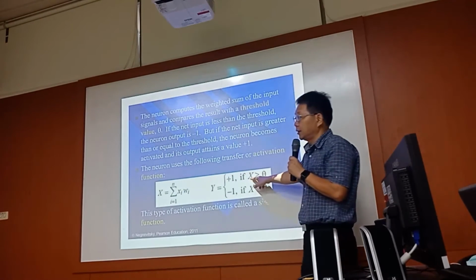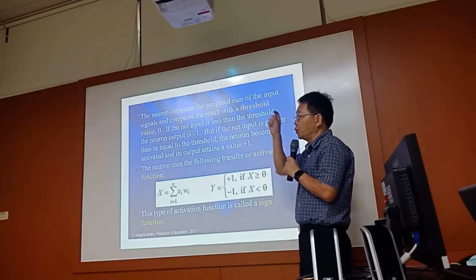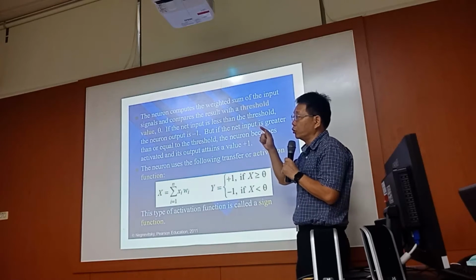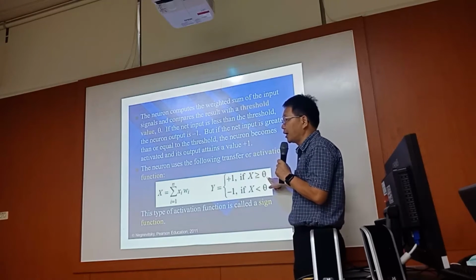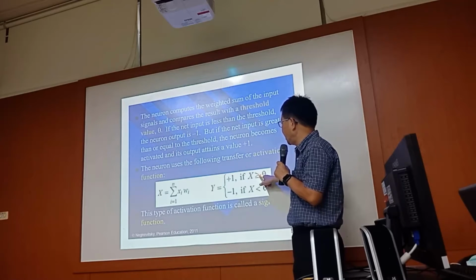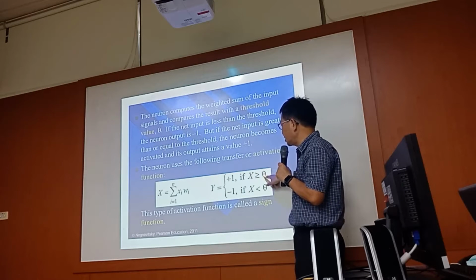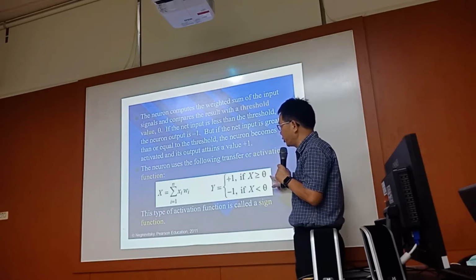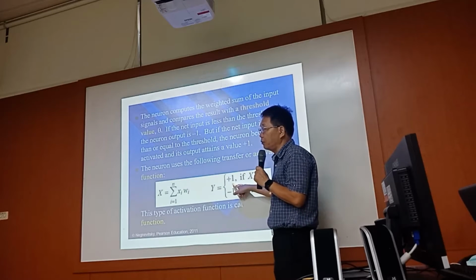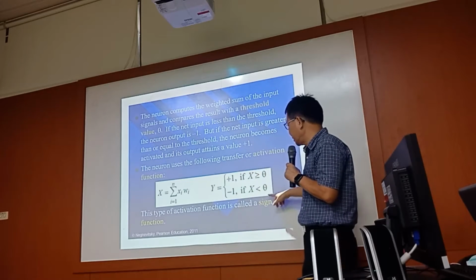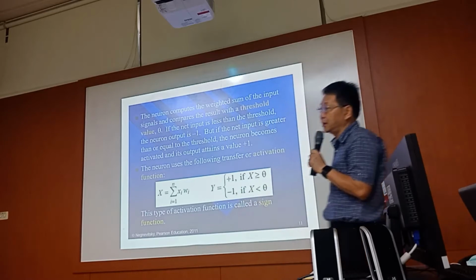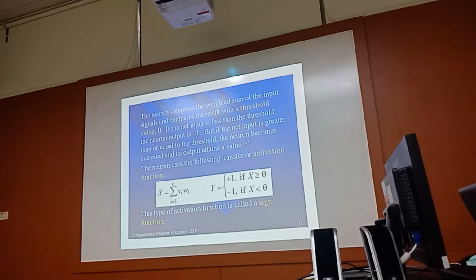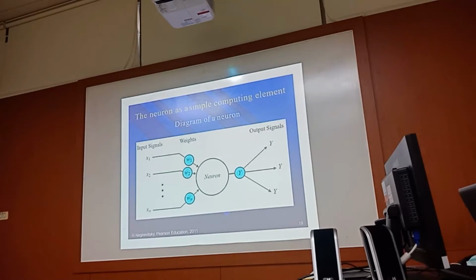From the s, we define the output with a threshold. We name it theta. If s is greater than or equal to theta, we let the output be 1. Less than theta, we let the output be -1. So this constructs the base of the neural network architecture.